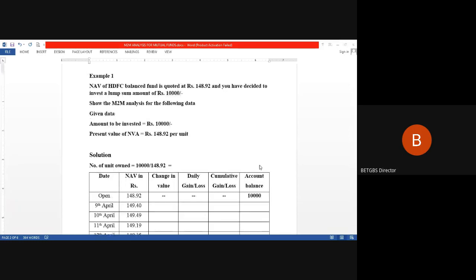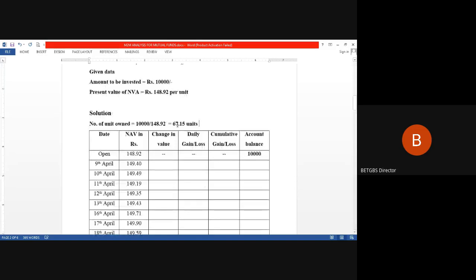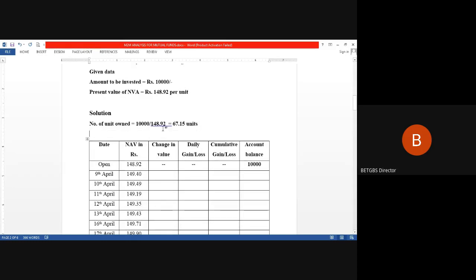So it is 10,000 divided by 148.92, which is equal to 67.15 units. So we are going to own 67.15 units at this price with the investment of 10,000 rupees. So this is the number of units we have owned.